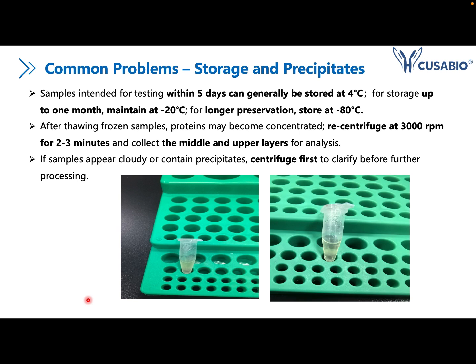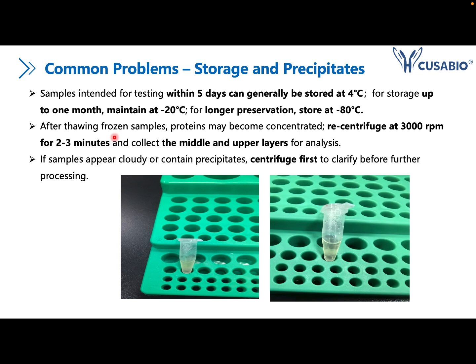Some other common problems are about storage and precipitate. I talk about temperature a lot. So for samples that you intend for testing within 5 days, you can generally save the sample at 4 degrees. But for testing up to 1 month, the storage temperature should be -20, and for even longer preservation, please save the samples at -80 degrees.